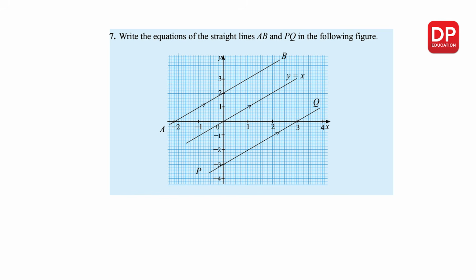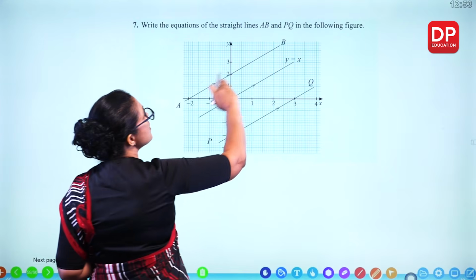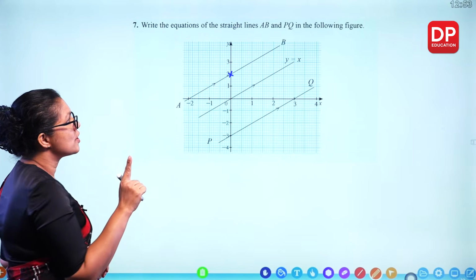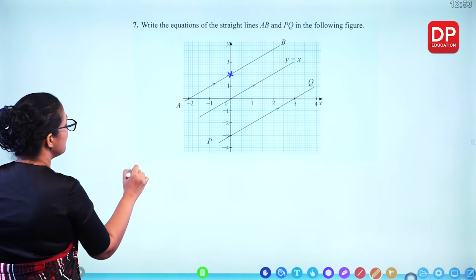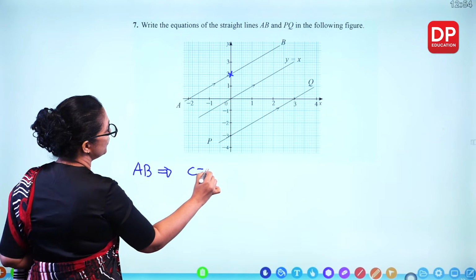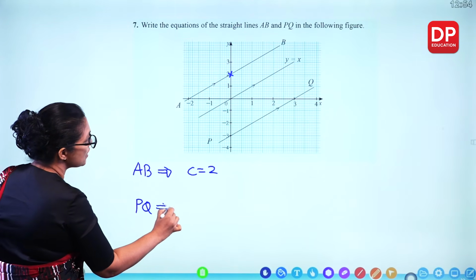Question number 7. Write the equations of the straight lines AB and PQ in the following figure. Now this is AB. We know that y-intercept of AB is 2. If it's PQ, what's the y-intercept?